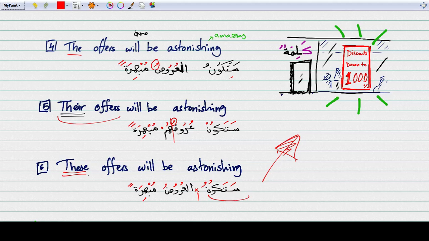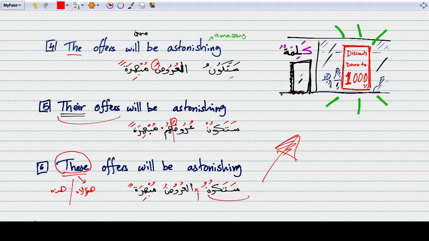Now the demonstrative pronoun for these. This is tricky. Why? Because you don't just take the equivalent of these in Arabic and place it, because there are several actually. You can say هؤلاء, or you can say هذه. And when do you use which one? This is something that confuses a lot of people.